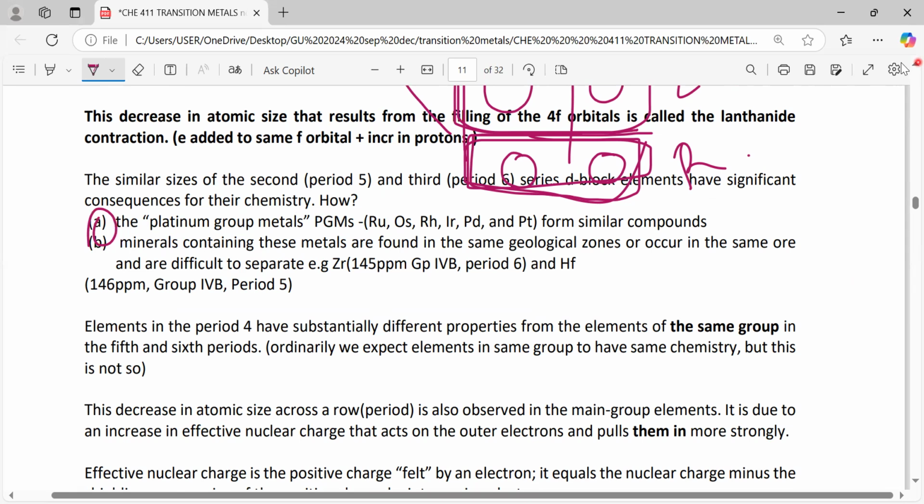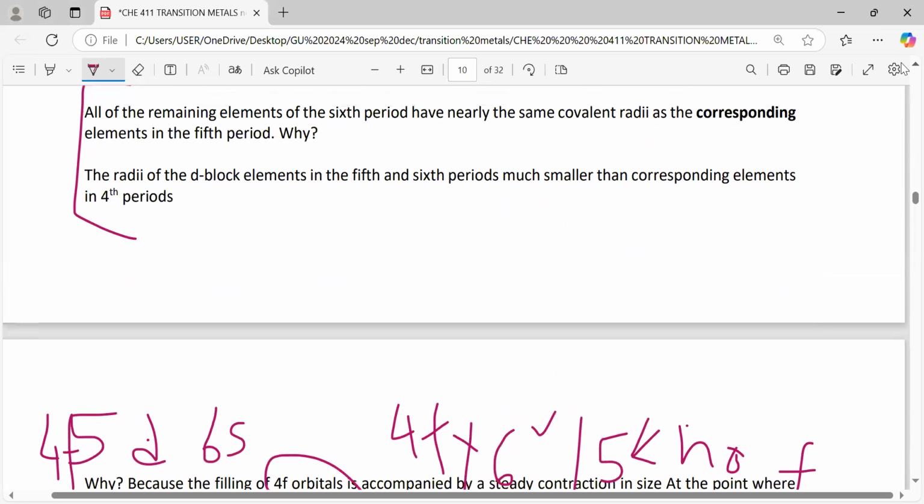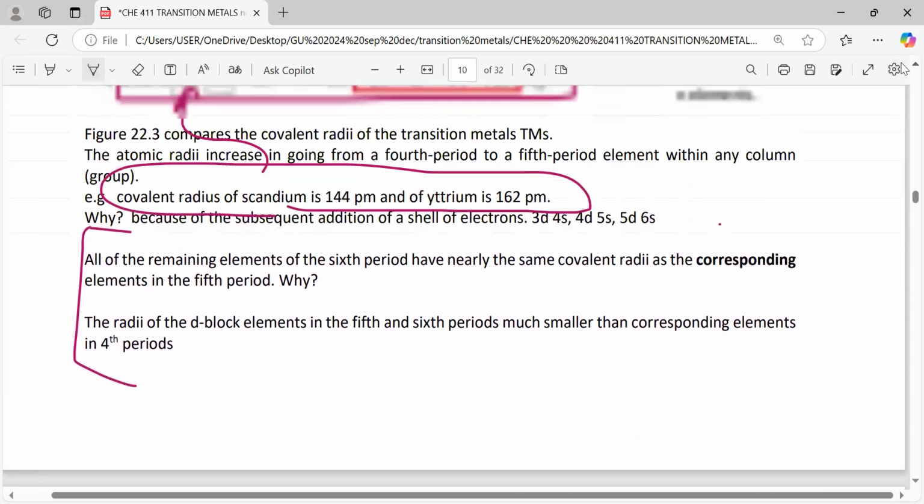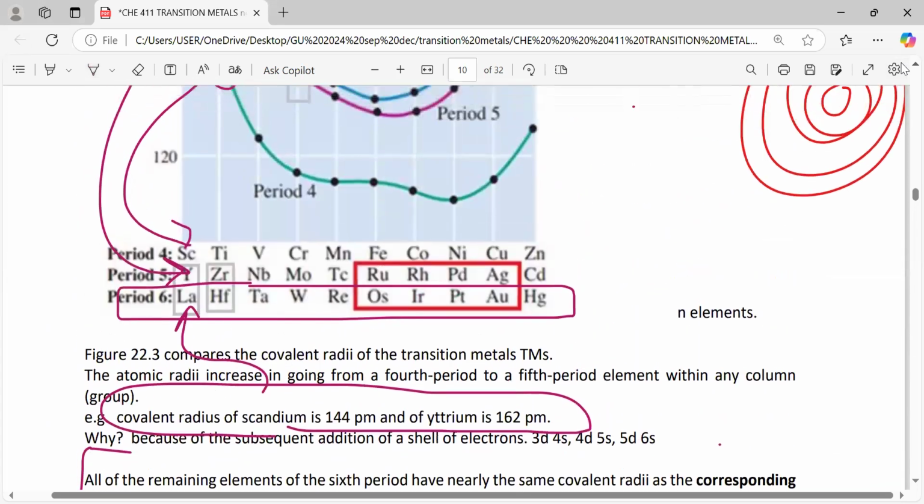So again, I'll go back to explain this just up here. I want us to go slowly and see. What it means is this: elements might be in the same group, but their chemistries are totally different.